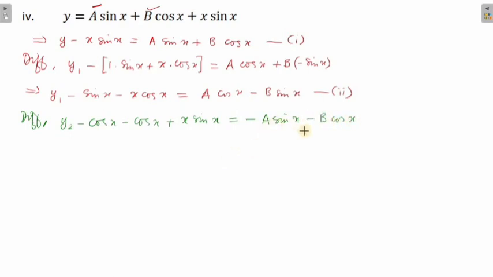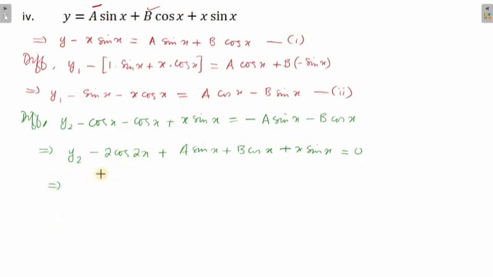Now bring everything to the left hand side. Cos x minus cos x gives you y2 minus 2 cos x. Now when you bring it out here, you get a sin x plus b cos x, and ultimately plus x sin x equal to 0. So we'll bring it to the right hand side.